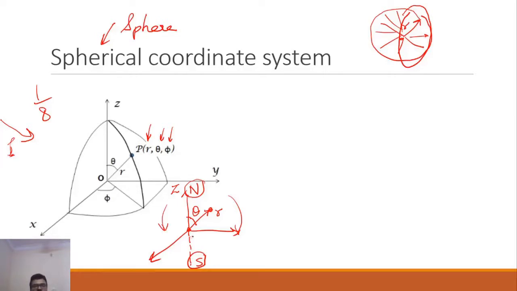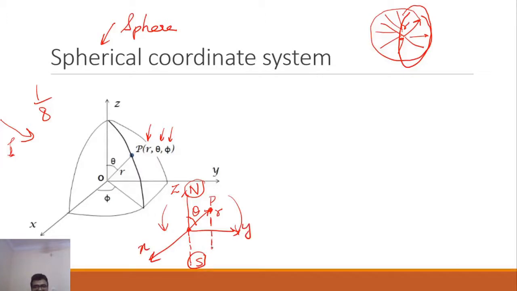But again, for example, we have located this on a vertical plane with the help of theta, but to locate this point in the horizontal plane, we again need the same concept that we used in rectangular coordinate system. We will drop this point P on the ground, and this ground is the XY plane.